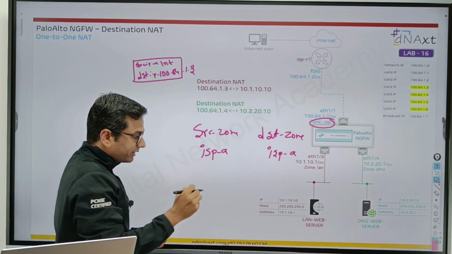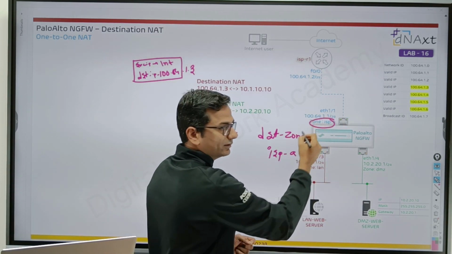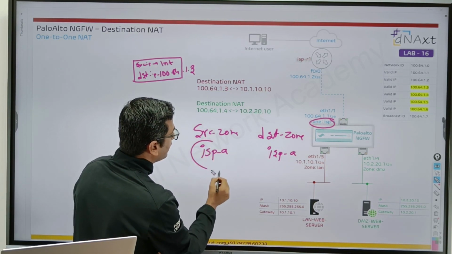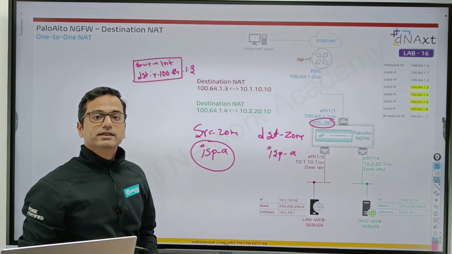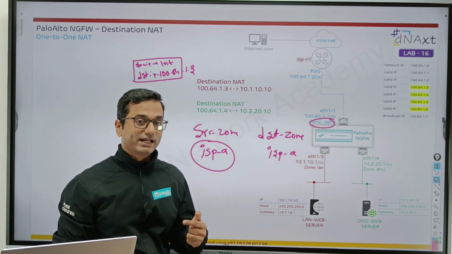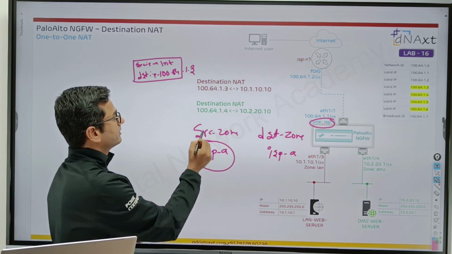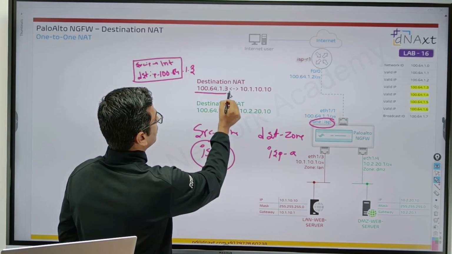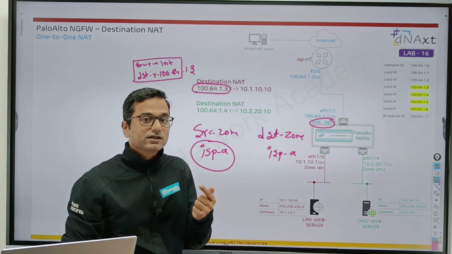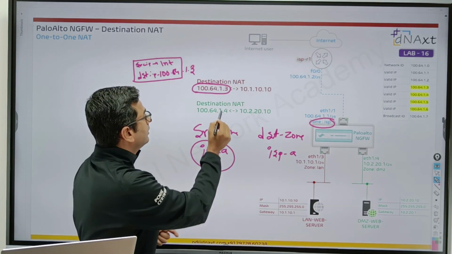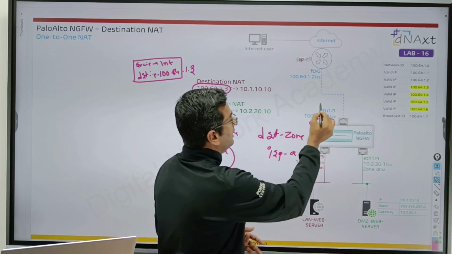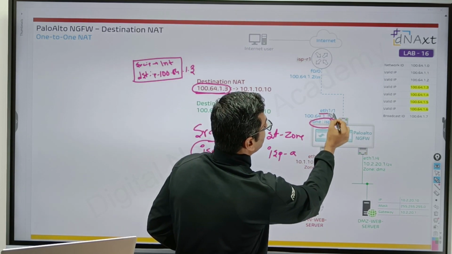When the Palo Alto firewall receives the packet on Ethernet 1/1, it will automatically consider ISP-A as the source zone. Then Palo Alto looks at the destination IP address in the packet. What's the destination IP address? 100.64.1.3, which is our public IP address. Palo Alto looks for the route to reach the destination. How to reach 100.64.1.3? It is directly connected to Ethernet 1/1.